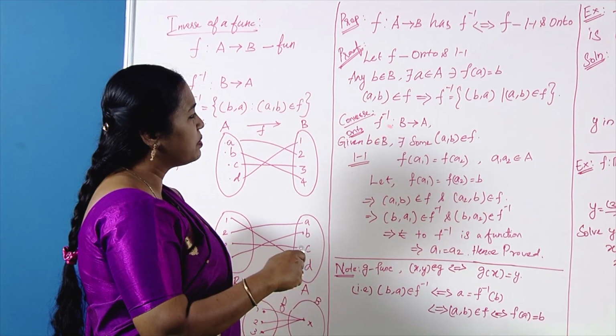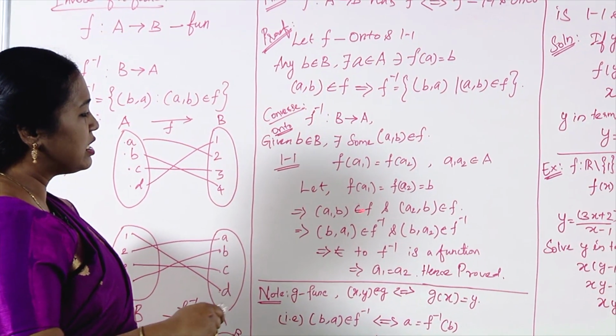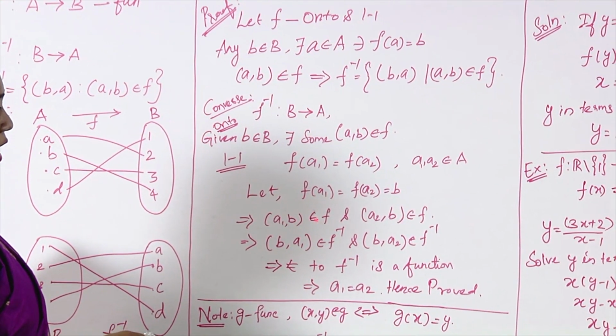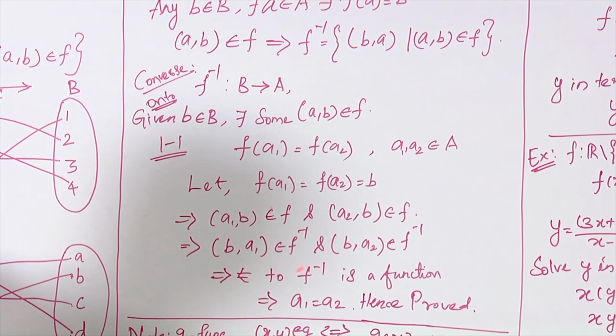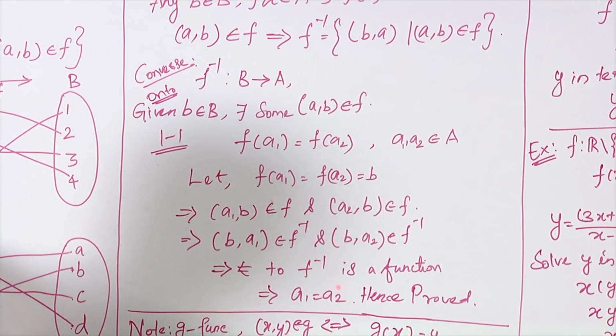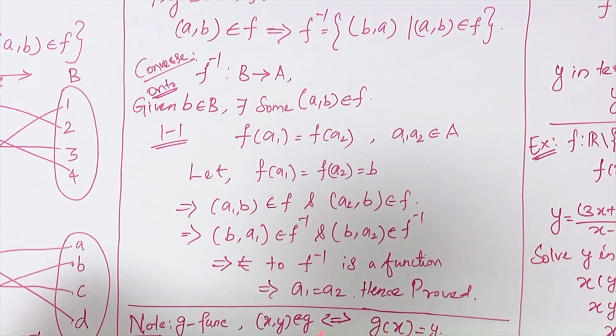Why is that? Because we have said that f inverse exists. So, if f inverse exists, for every pair in f, you have another pair in f inverse. Because of that, this is true. But this is a contradiction to the fact that f inverse is an inverse function.